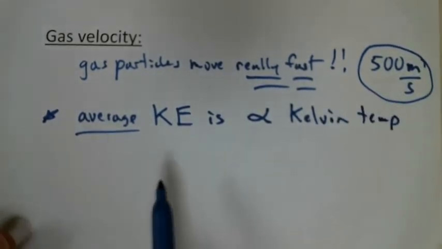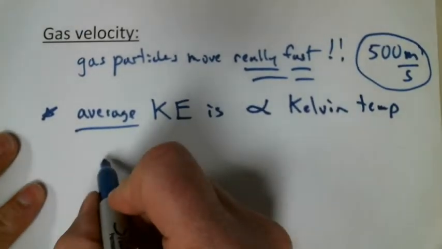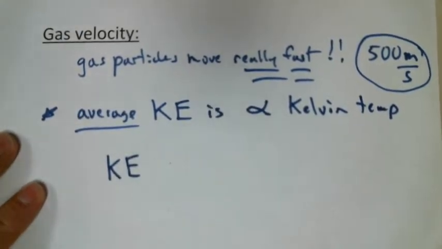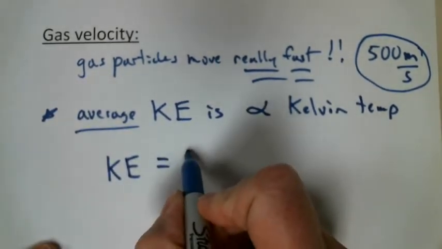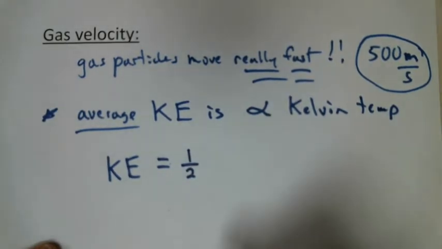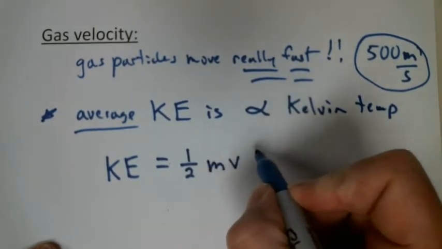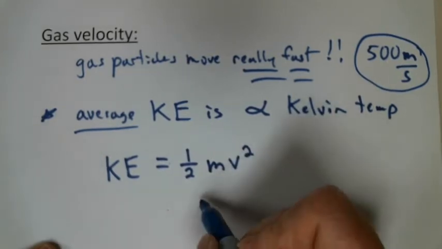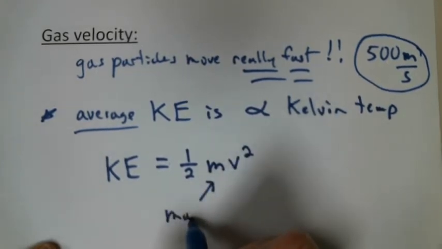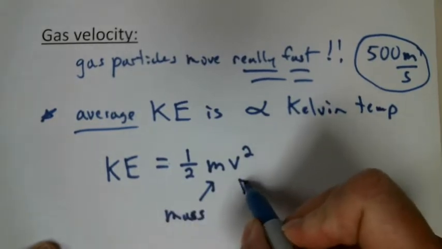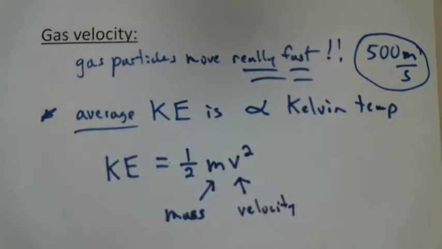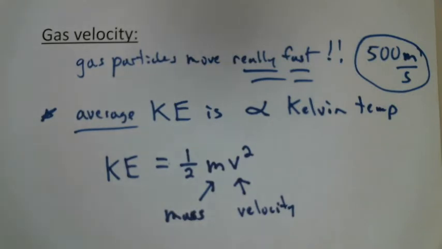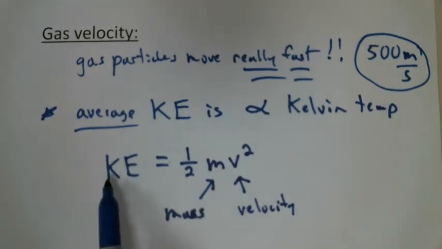And so that's important because kinetic energy, we'll abbreviate kinetic energy just as KE, many of you will probably remember from a high school physics class, is 1/2 times the mass times the velocity squared. So m is the mass and v is the velocity. And that's an equation that I'm sure most of you have seen. And it tells us then how much energy there is.